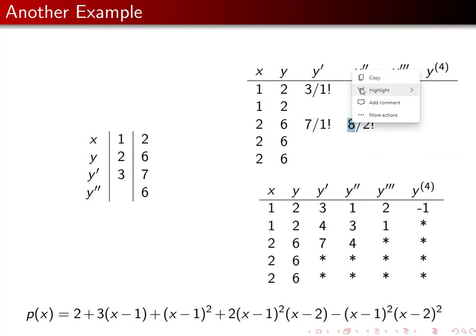Okay, that needs to be fixed. I'll mark that in red. That needs to be fixed to be a 6 divided by 2 factorial. Okay, and so the factorial is the number of derivatives. If I were to go out to 3 factorial, it'll be divided by 3 factorial.